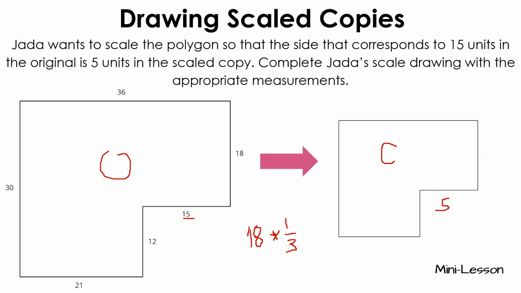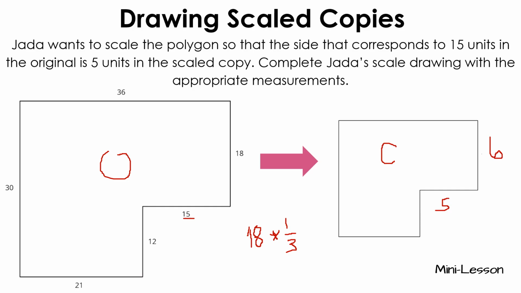And because we know that multiplying a whole number by a fraction that has 1 in the numerator and a number in the denominator, it is the same as taking that whole number and dividing it by the denominator. So 18 divided by 3. 18 divided by 3 is indeed 6. So the side that corresponds with 18 would be 6.